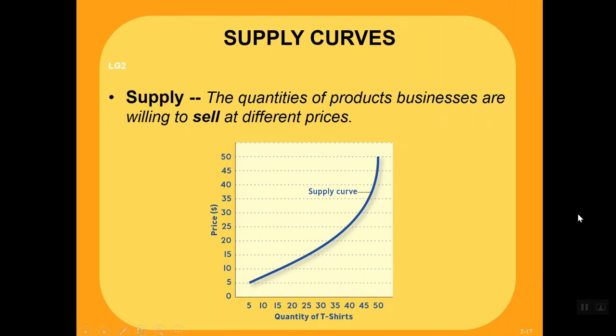To divvy that up in terms of how it works economically in a capitalist economy from a supply and demand standpoint, what we produce and want to sell to the consumer is called supply. Here's an example of what's called a supply curve, a graphical example. You can see the y-axis is price and the x-axis is quantity of t-shirts.